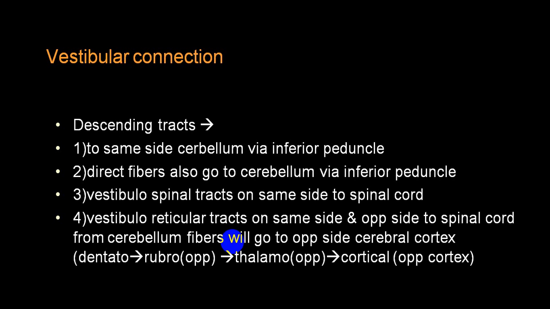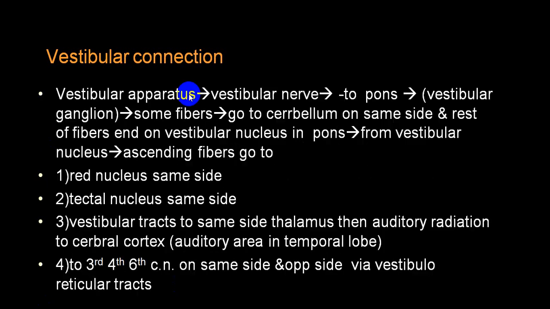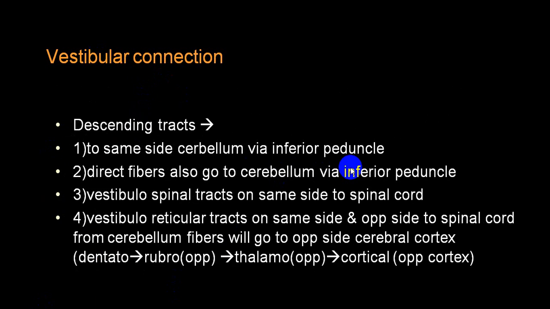These are some of the things which will be there. These are some of the tracts. I am not going into detail. These are descending tracts via the cerebellum, via the inferior peduncle. Then it is connected to vestibulospinal tracts, vestibulo-reticular tracts, etc. So because of all these connections, it is taking part in all those different components.